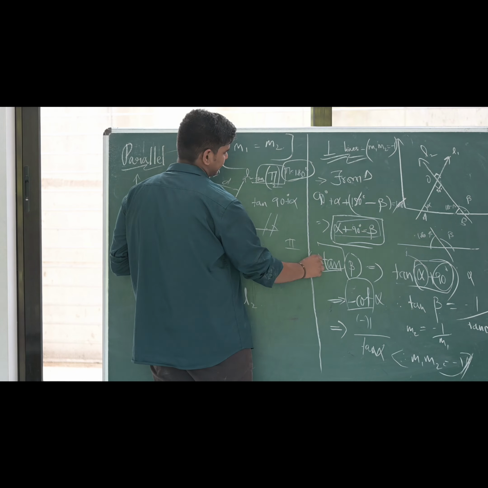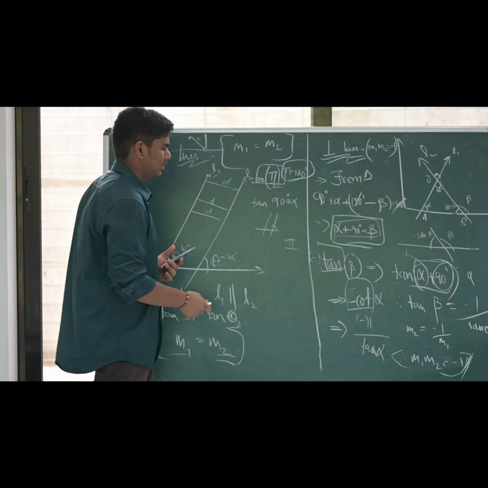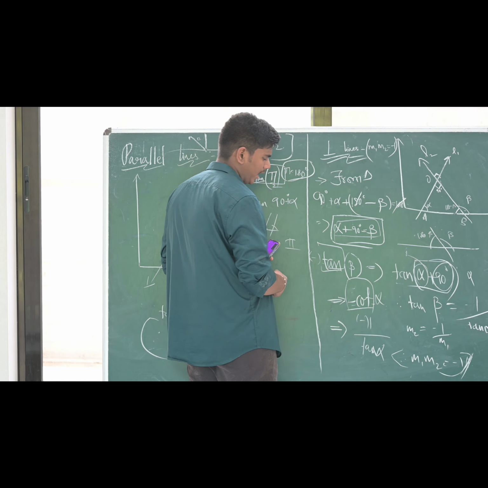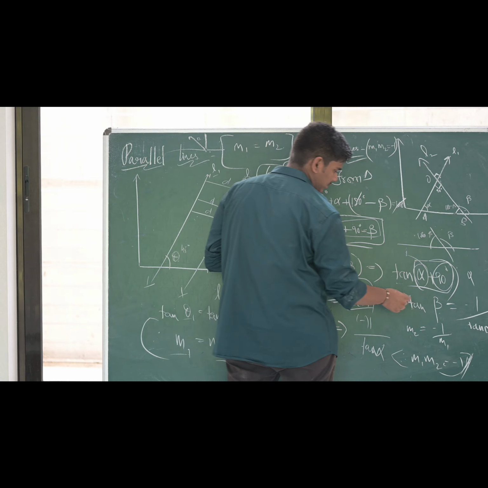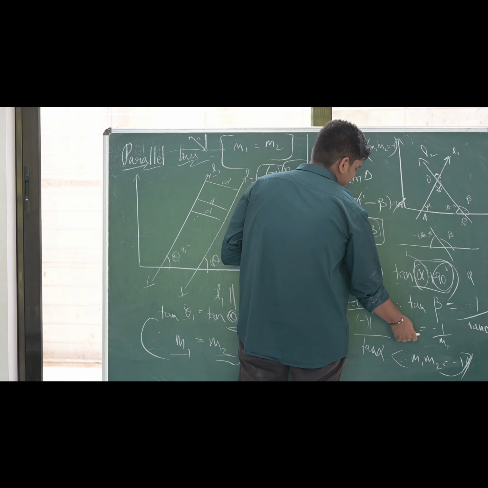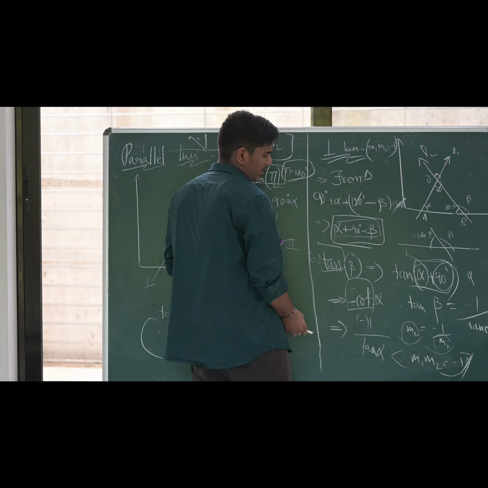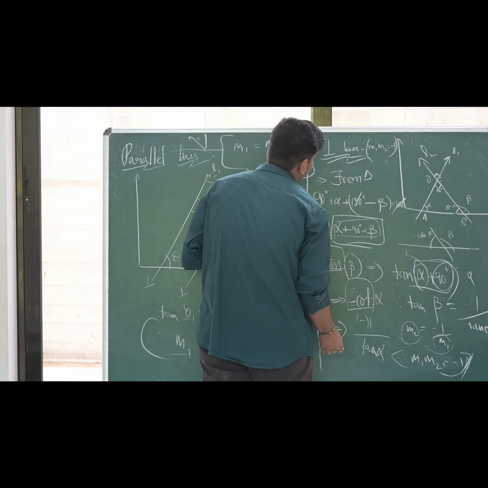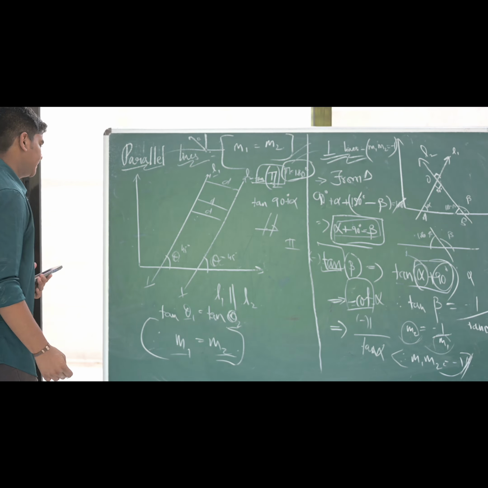You will add minus since in the second quadrant tan is negative. Now negative cot alpha, I can write cot alpha as 1 by tan alpha, so negative 1 by tan alpha. So tan beta is equal to negative 1 by tan alpha. Now in terms of slopes, tan beta is equal to m2, tan alpha is equal to m1. So m1 into m2 is equal to negative 1. You have seen both cases, parallel lines and perpendicular lines.